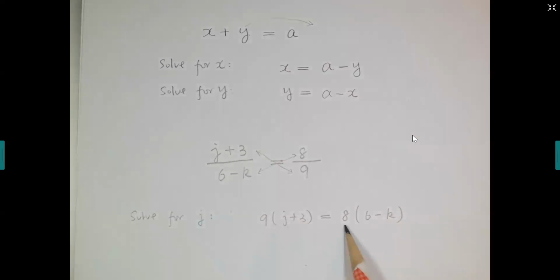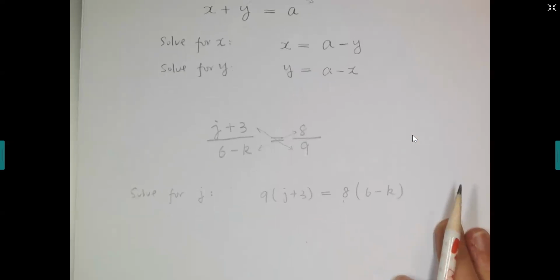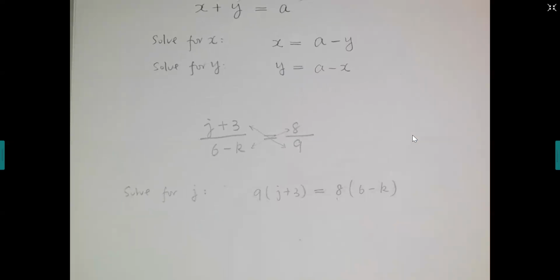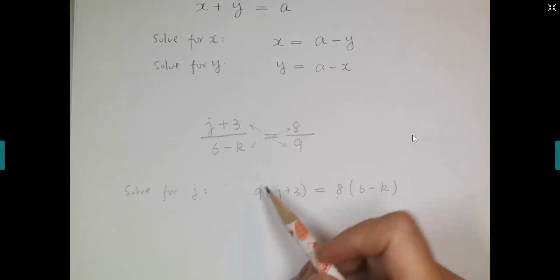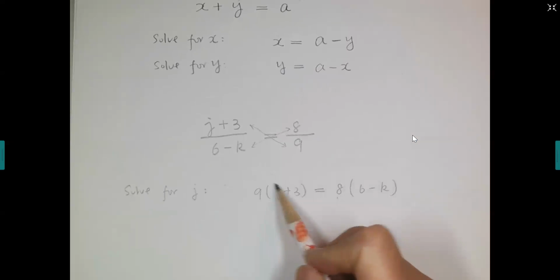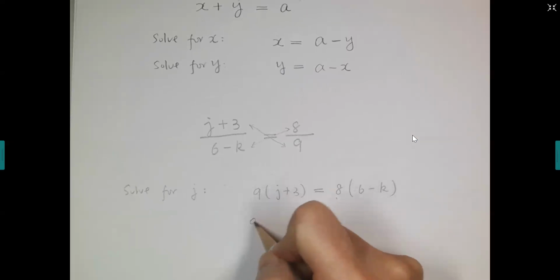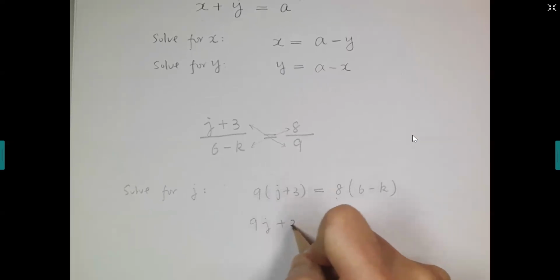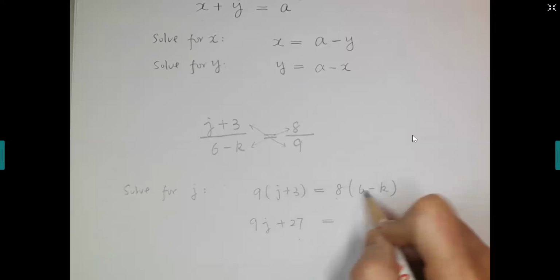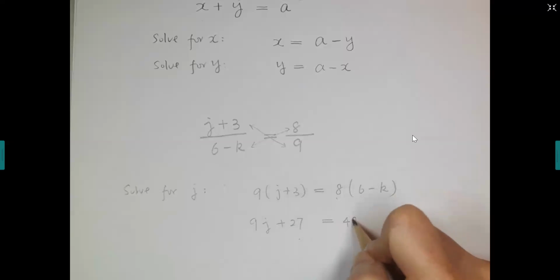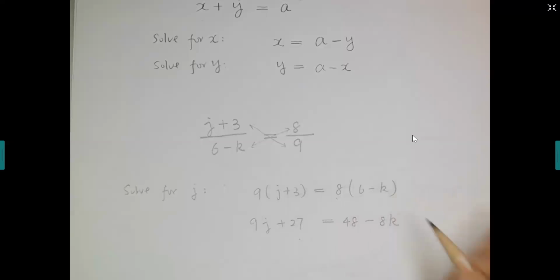And then the same thing as we did in Algebra 1 now, I will remove the parentheses using the distributive law: 9j plus 27 equals 6 times 8, 48 minus 8k.